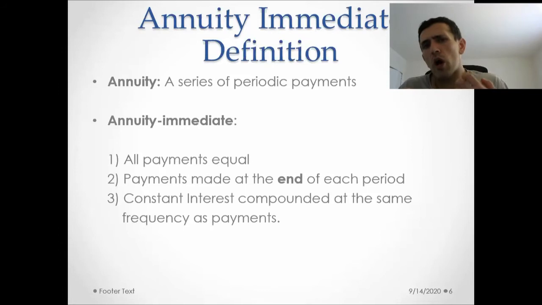An example of an annuity immediate is typical loans like student loans or mortgages. As I mentioned, usually you make equal payments at the end of each month for a mortgage or at the end of each period for your typical loan. And we'll get more into how loans and mortgages work.